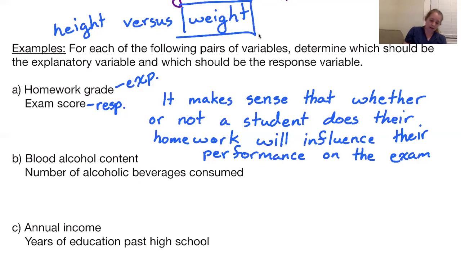Next up, we have blood alcohol content versus number of alcoholic beverages consumed. So does it make more sense that the blood alcohol content will then cause the number of alcoholic beverages that you consume, or does it make more sense that the number of alcoholic beverages will result in the blood alcohol content? Right? So in this case, the number of alcoholic beverages or the amount of alcohol certainly should influence your blood alcohol content.